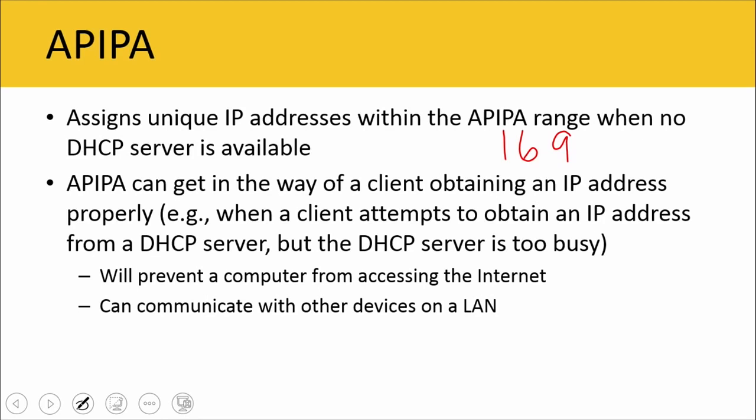When a client attempts to obtain an IP address, the DHCP server might be too busy or some other issues might come up. It will prevent a computer from accessing the internet if you have one of those addresses. But the good news is that you can use it to access and communicate with other devices on your local area network.